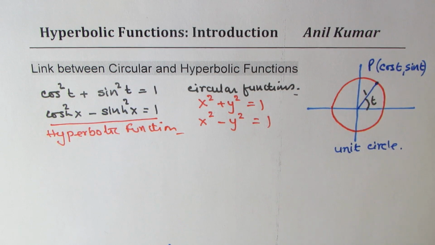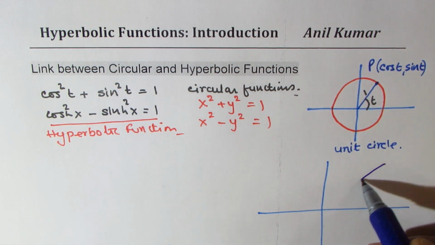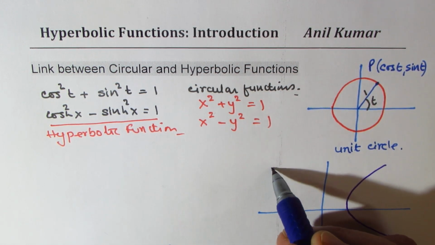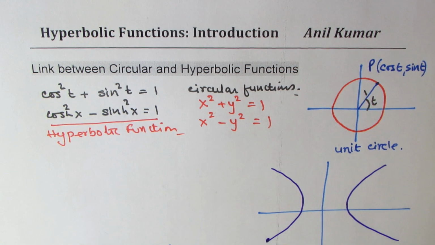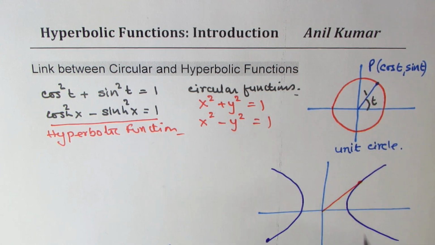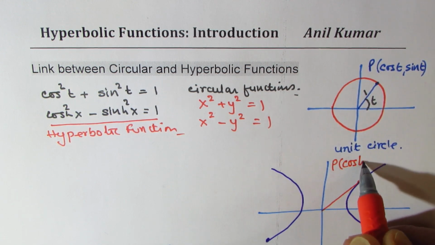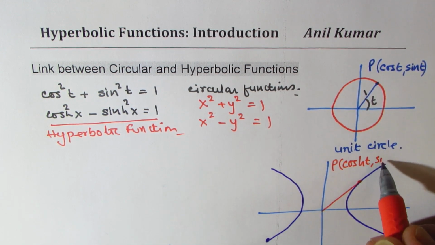Now if I sketch a hyperbola, it will look something like this. Let's say we have a hyperbola like this, right? And here like this. In that case, any point on this hyperbola, let's say this particular point, can be written as cos hyperbolic t, sine hyperbolic t.